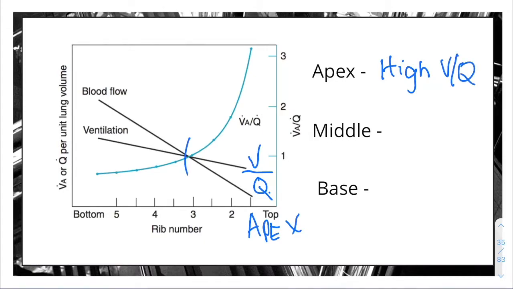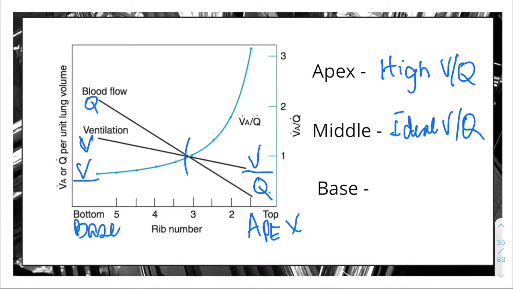The middle portion is where you will find the ideal VQ relationship. While at the base, ventilation is lower than perfusion, so if you compute for the VQ ratio, you have a low VQ.